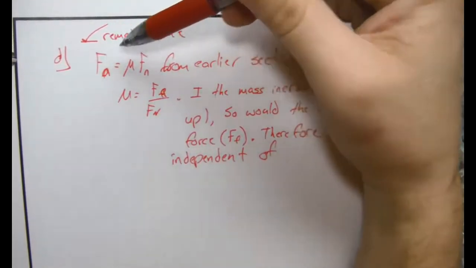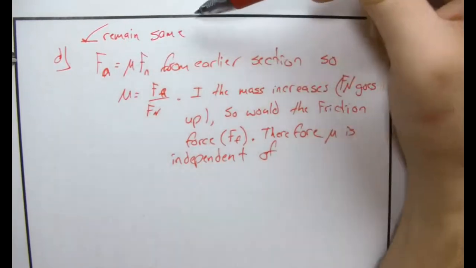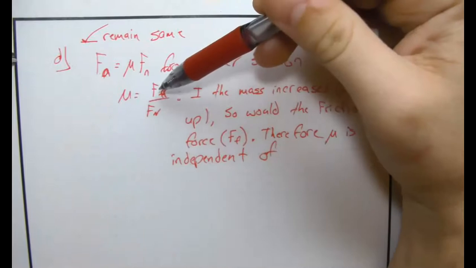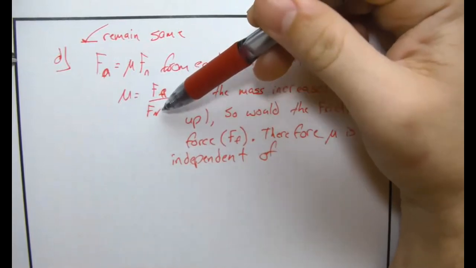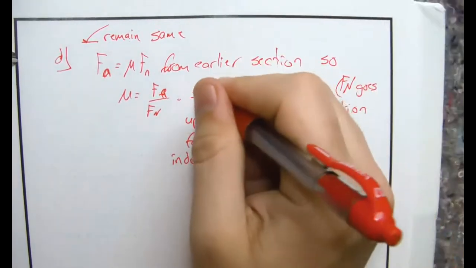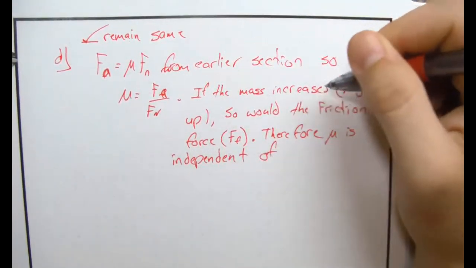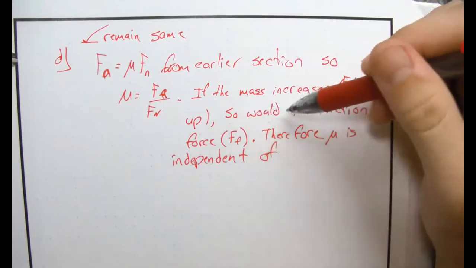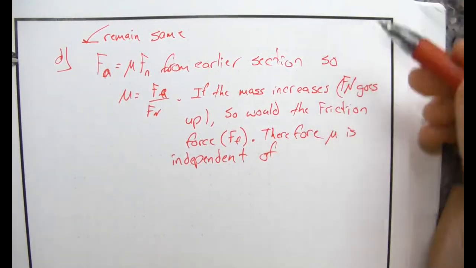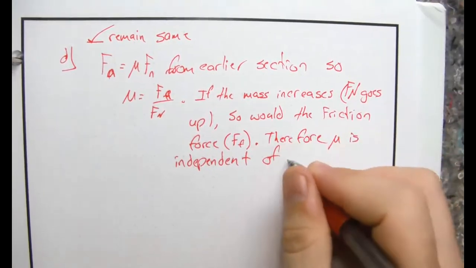But I said the force applied is going to be equal to mu times the normal force from the earlier section. So if I rearrange, mu is equal to the force applied divided by the normal force. And if the mass increases, Fn goes up, so would the force of friction. Therefore, mu is independent of mass.